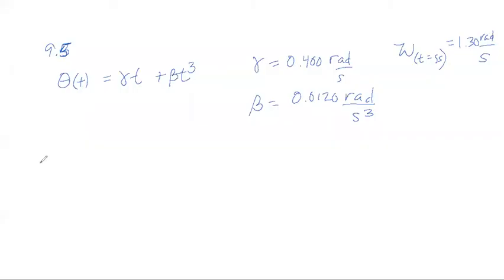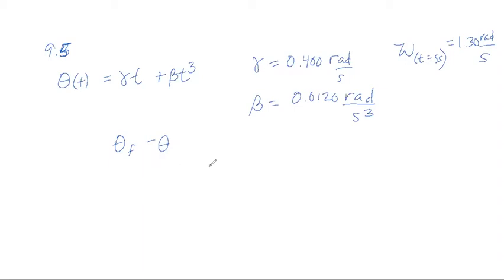Okay, so delta theta is theta final minus theta initial, and that's going to give me the average angular velocity for t equals 0 to t equals 5.